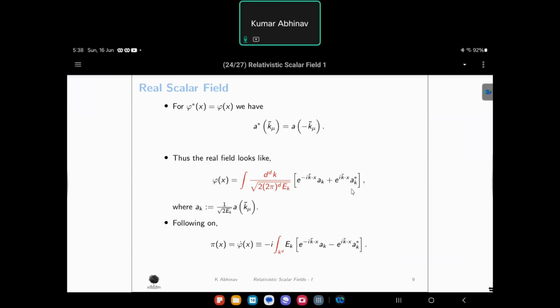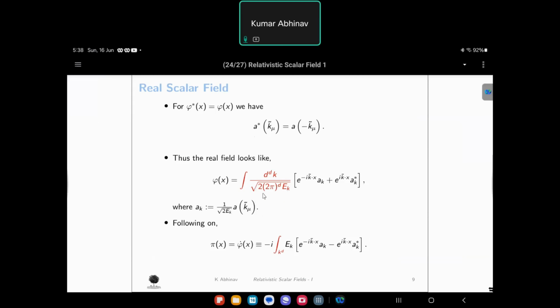It is just a linear combination of a_k and a_k stars, which is a real combination. And here, for brevity, we have just scaled the a k tilde operator to this a_k operator. It's just a redefinition by absorbing a root over E_k in the denominator. So we end up with this measure, which is a very standard measure. It is just for convenience.